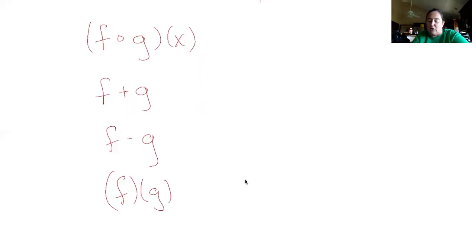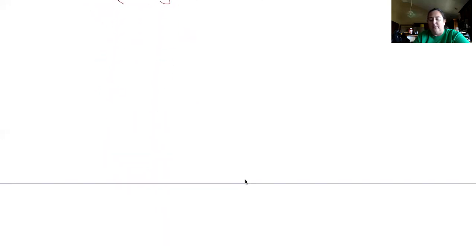So it's doing all different types of functions. The last section that you have for this is inverse functions. You should be able to find an inverse function algebraically, but you should also be able to look at a graph and tell if they are inverse functions.